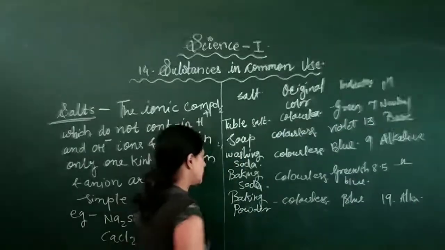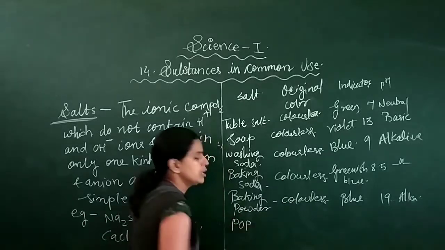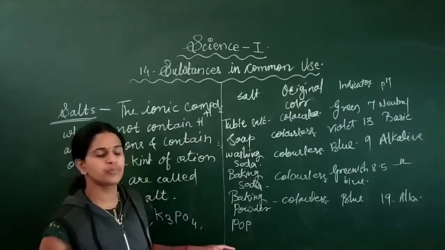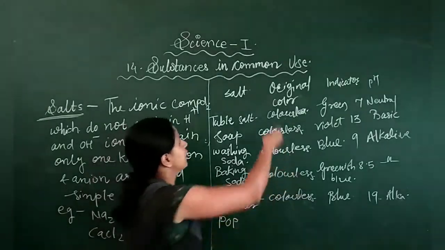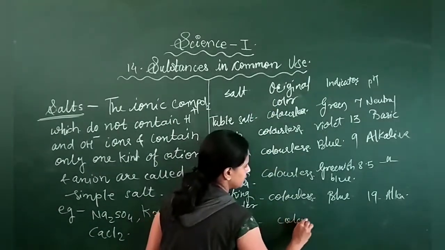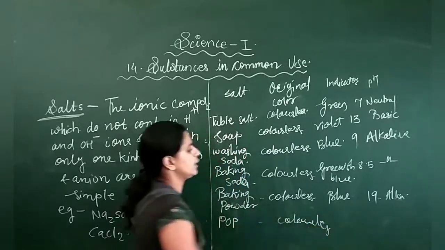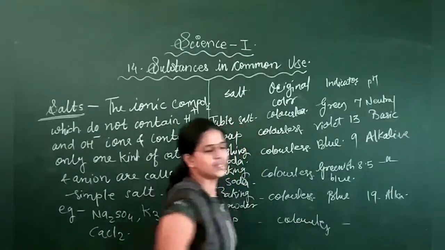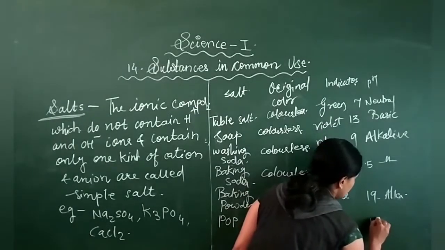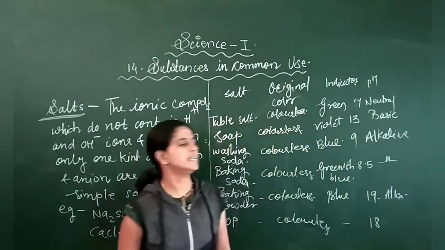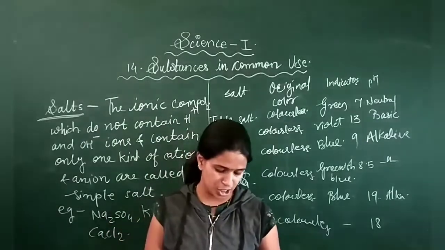And the last one is POP. What is the meaning of POP? Plaster of Paris. The original color is again colorless. If we add the indicator, no result is given. It has pH 18, and for that reason it is also alkaline in nature.